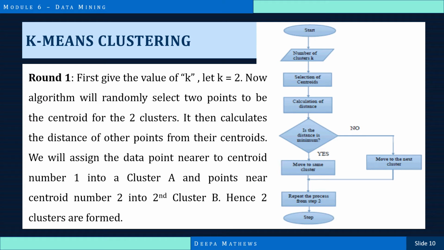In cluster A, we have some points which are nearer to centroid number 1, and in cluster B, we have some points which are nearer to centroid number 2. So this is round 1 of the k-means clustering algorithm.